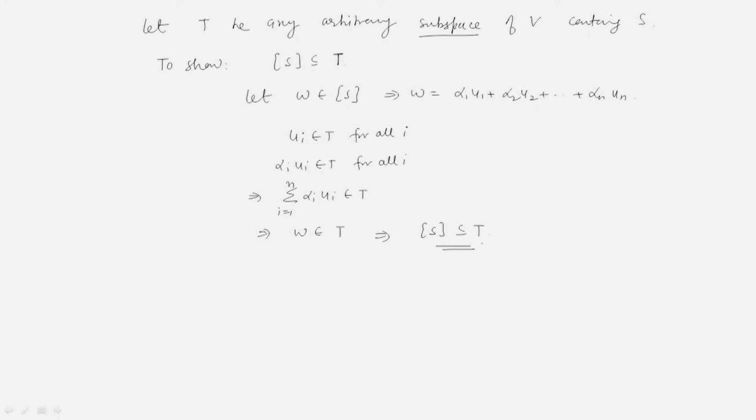So, hence we have shown that span of S is the smallest subspace of V containing S. So in this lecture we have seen that for a subset of a vector space V, if you want to show that it is a subspace of the given vector space V, we have to simply show that it is closed with respect to vector addition and scalar multiplication.